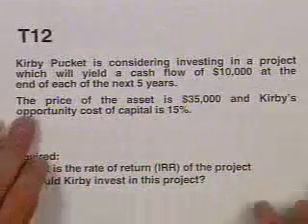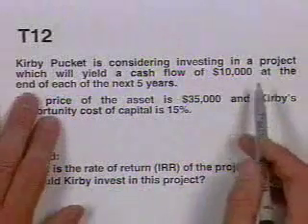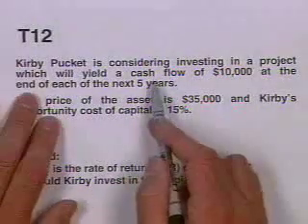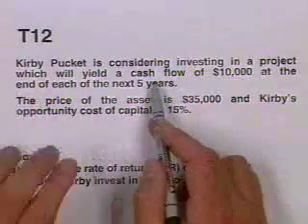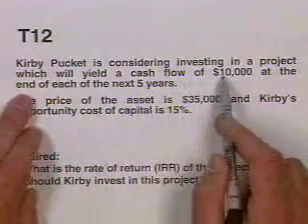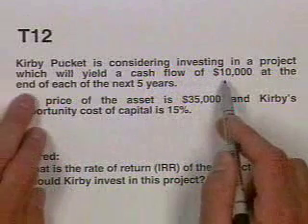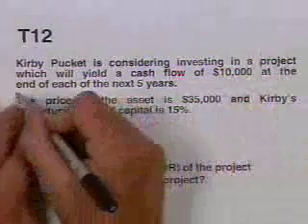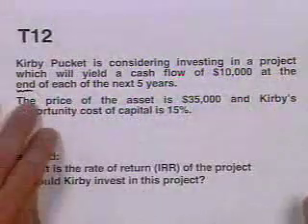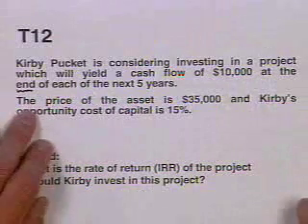Kirby Puckett is considering investing in a project that has a cash flow, this is an after-tax cash flow, so don't worry about any accounting complications, of $10,000 per year at the end, and again, key here, the end of each of the next 5 years.